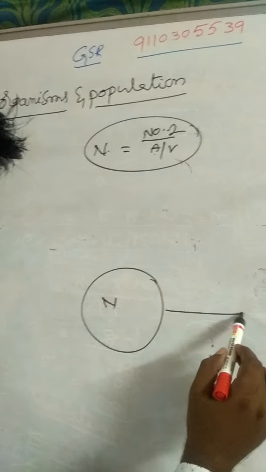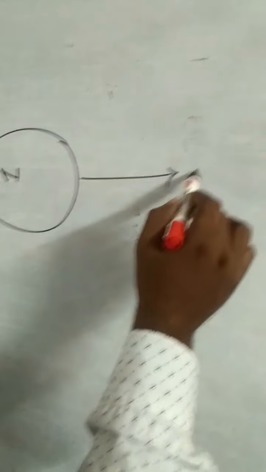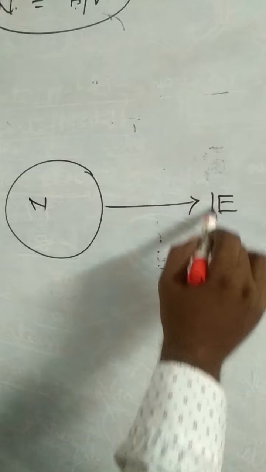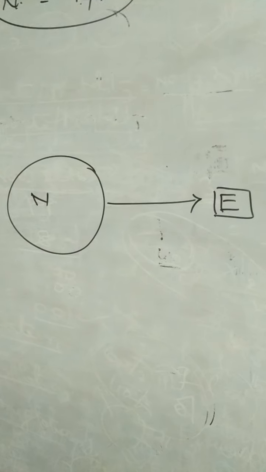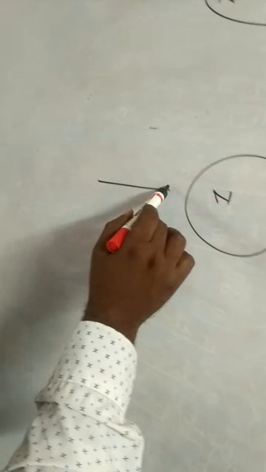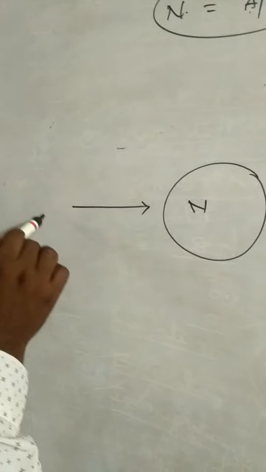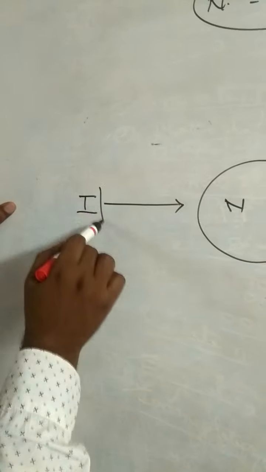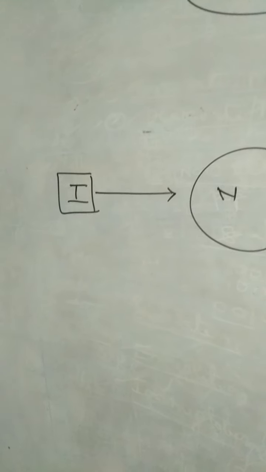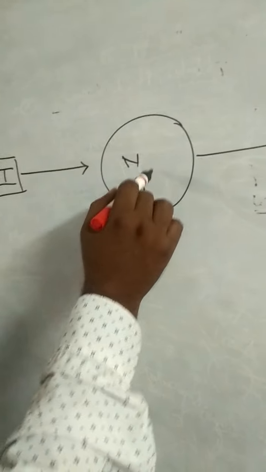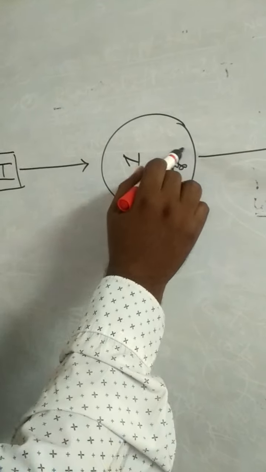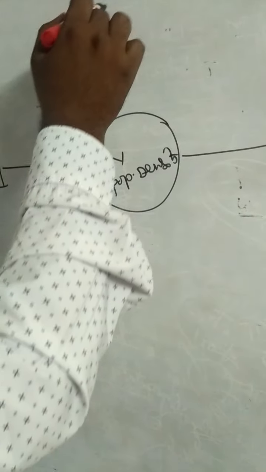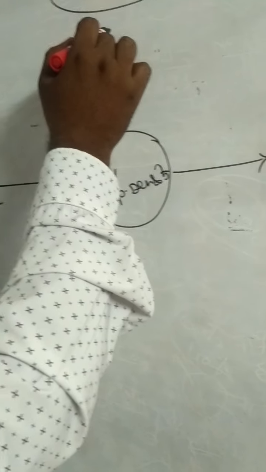Some of the individuals exhibit emigration. This is E. Some of the individuals enter into the population. This is immigration. This is population density. In a population, new individuals are formed.